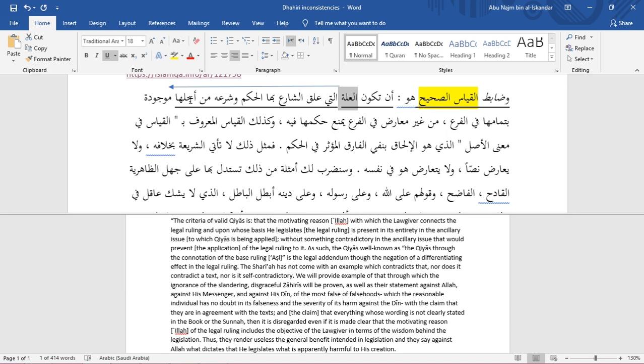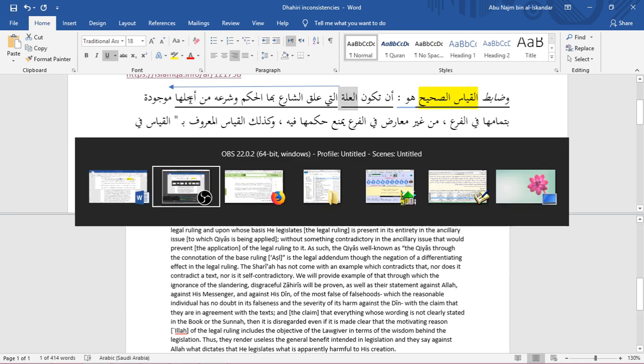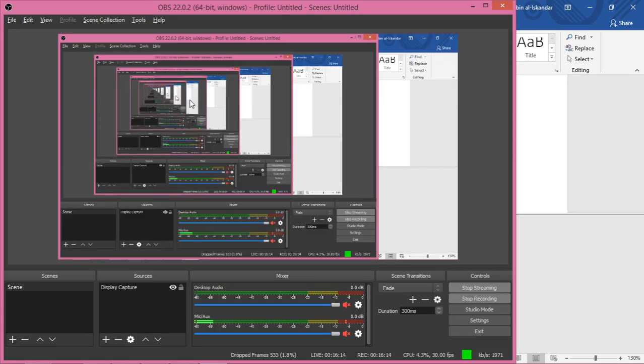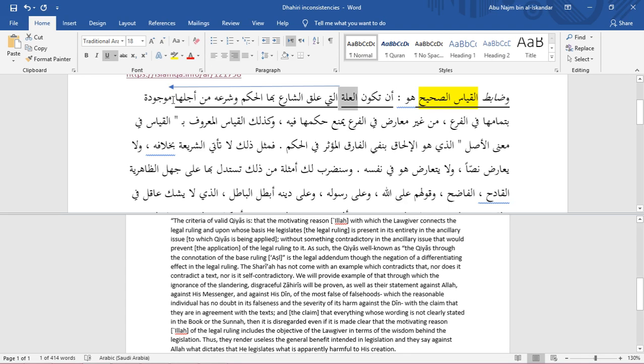That reason is present in its entirety in the secondary issue. So that's how we came up with this translation down here, by understanding this Arabic that way.